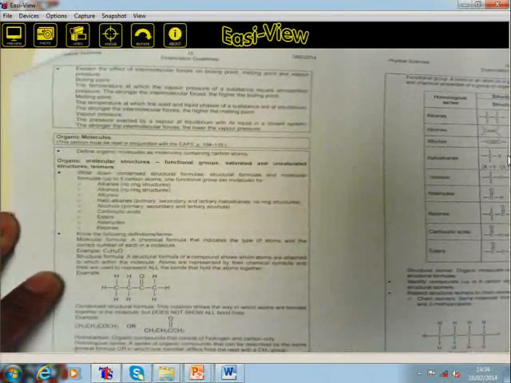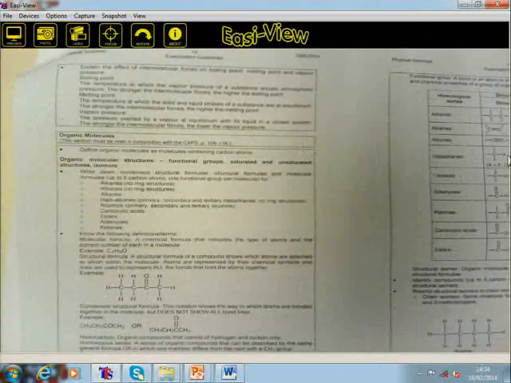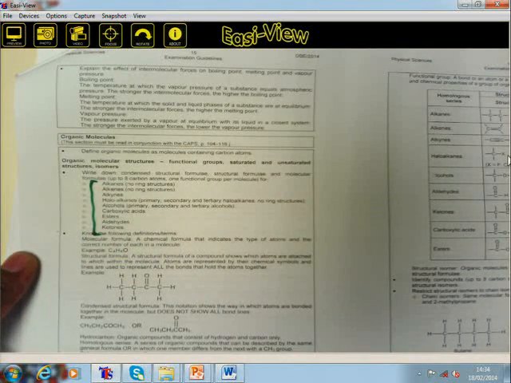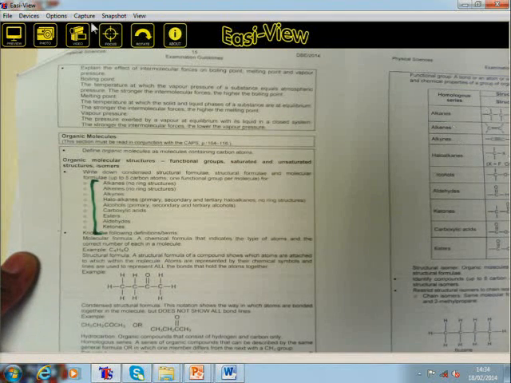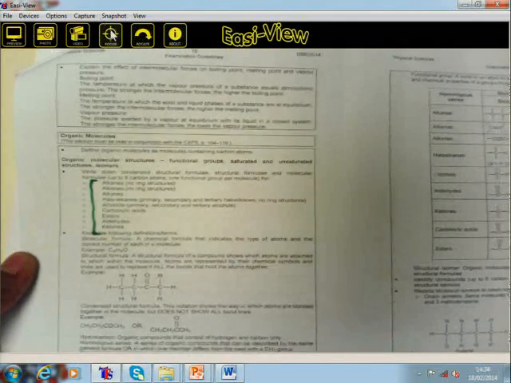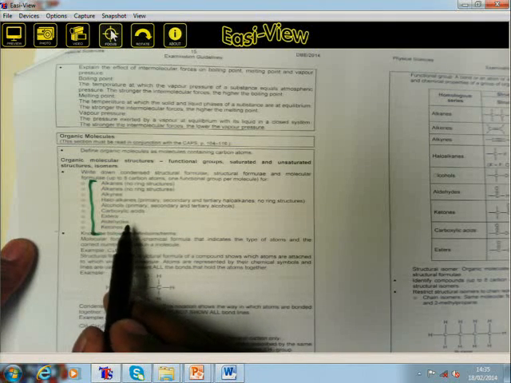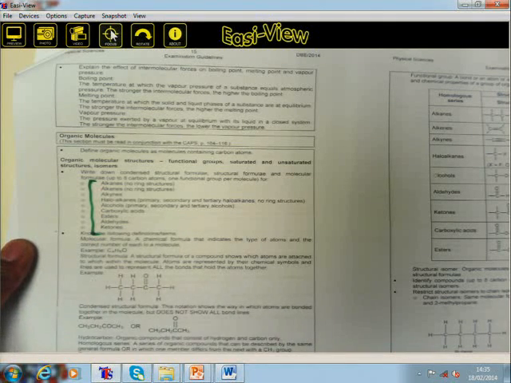On page 15, this is where you've got your organic molecule, and these are all the molecules that we'll be looking at: alkanes, alkenes, alkynes, and then later we'll be looking at the haloalkane, the alcohol, the carboxylic acid, the esters, the aldehydes, and the ketones.